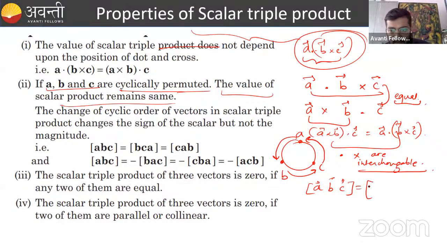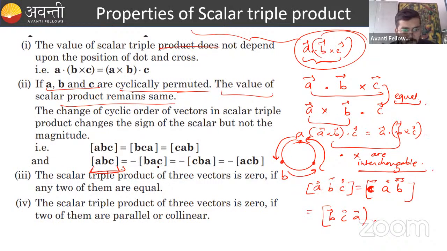So C comes to A, A goes to B, and B goes to C, right? CAB, and this is also equal to, when again you do that permutation, B bar, C bar, and A bar, right?